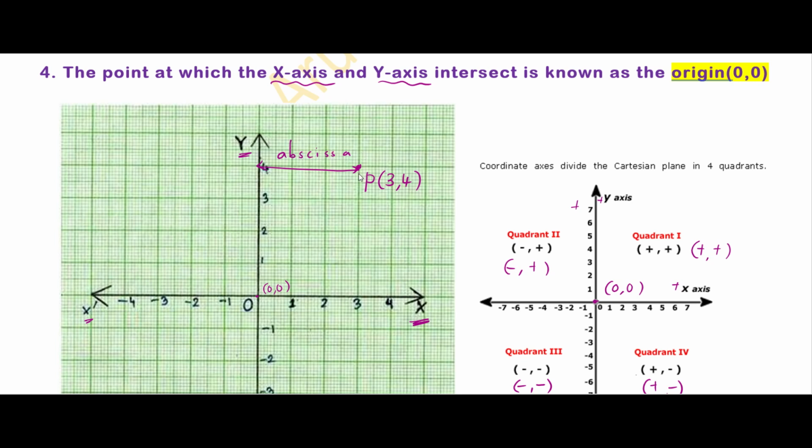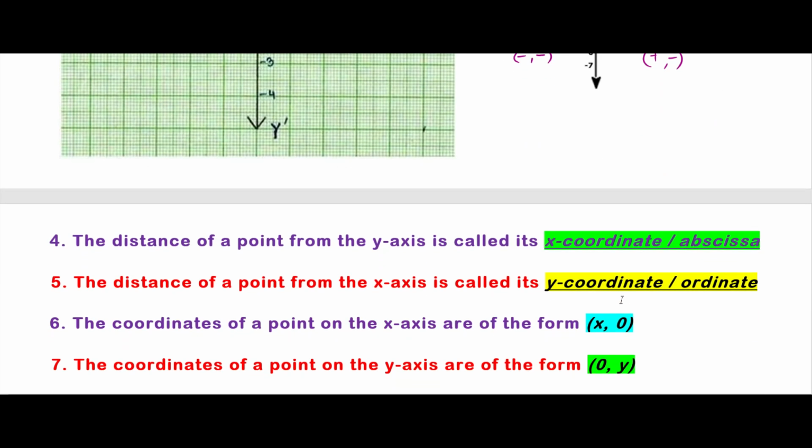In the same way, the distance of this point from the x-axis is called the ordinate, or y coordinate.